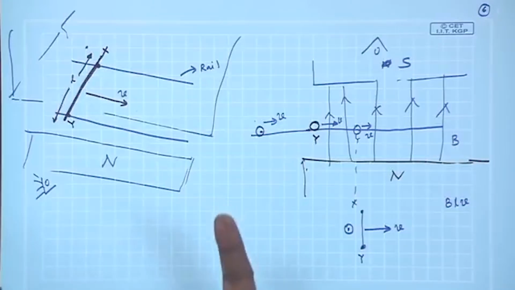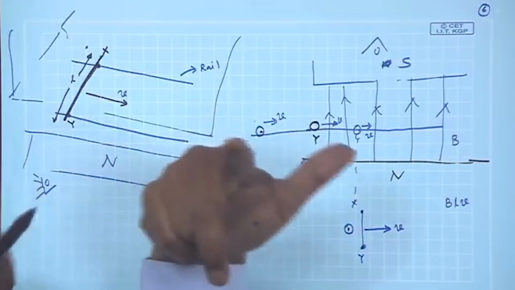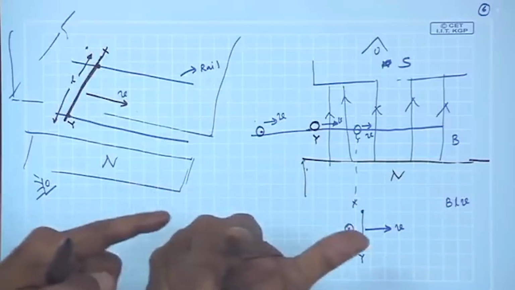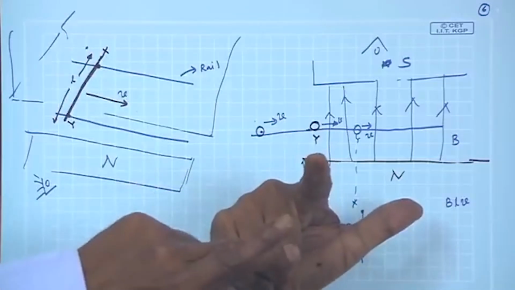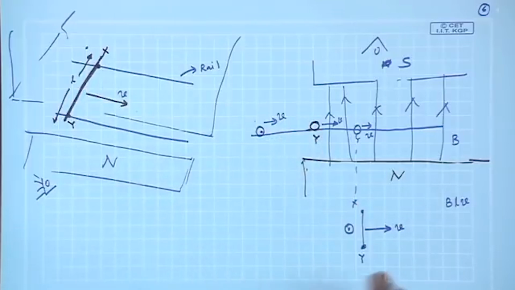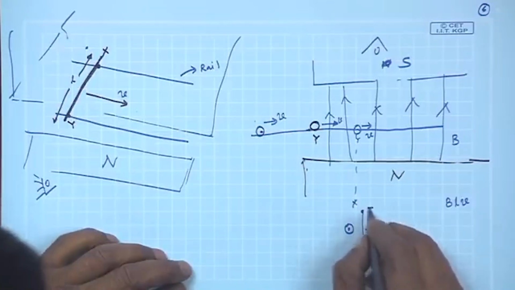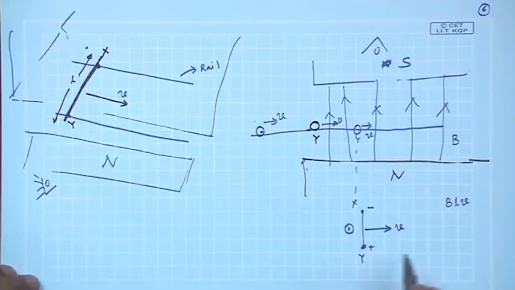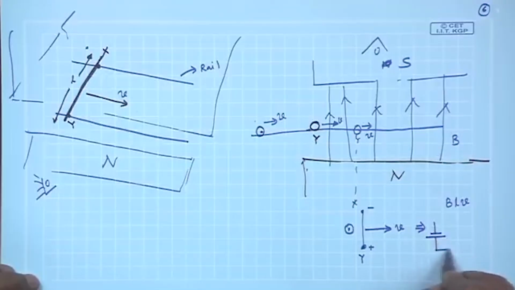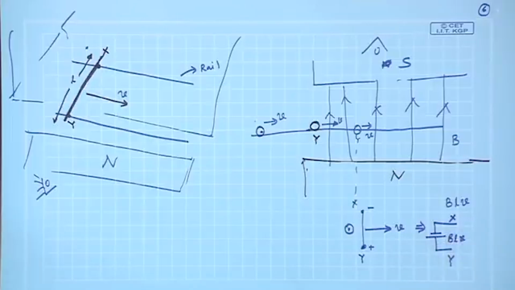To find it out, this forefinger is B in this diagram, this is V, and the middle finger, they are mutually perpendicular, these three things. The tip of the thumb, this will become plus, this will become minus, BLV. And this is equivalent to telling that the voltage is like this, and the magnitude of the voltage is BLV.